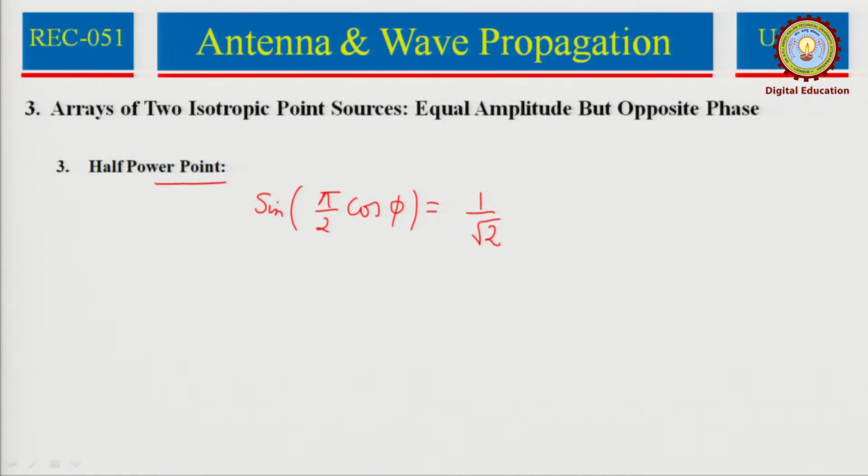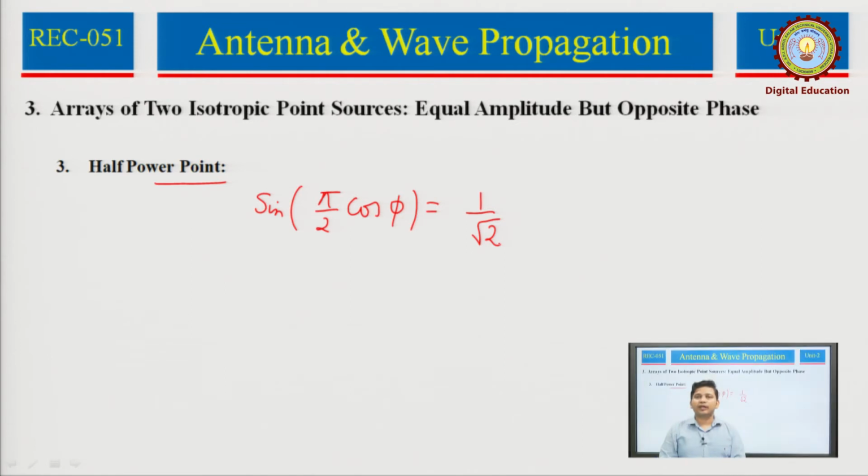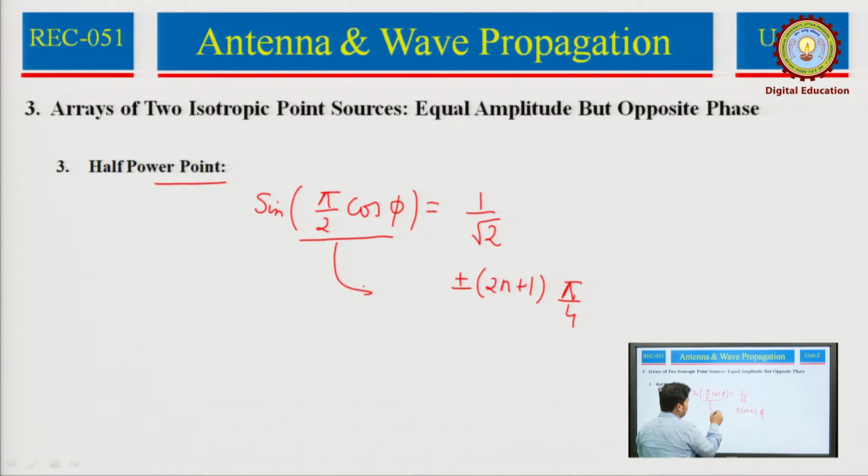This is the half power points, and as soon as you solve this problem, because it is a multiple of (2n plus 1) pi by 4, when you eliminate this, it will be plus minus (2n plus 1) pi by 4. Again this sin is eliminated, and the same factor came over here.